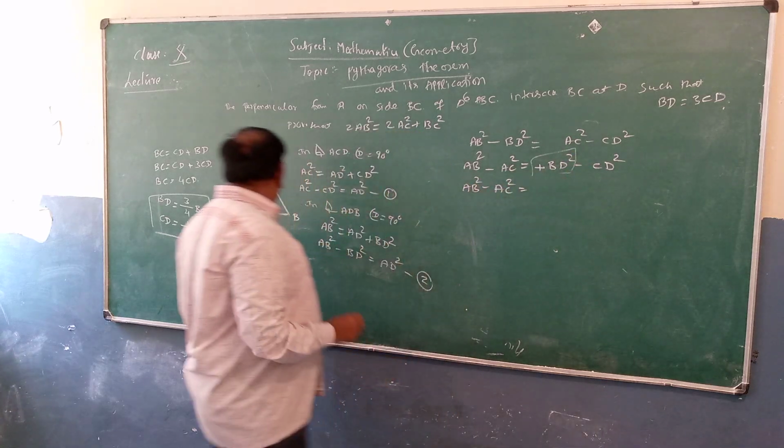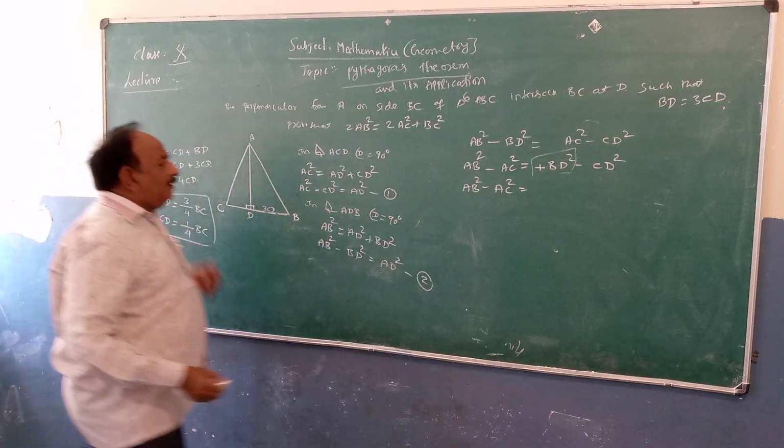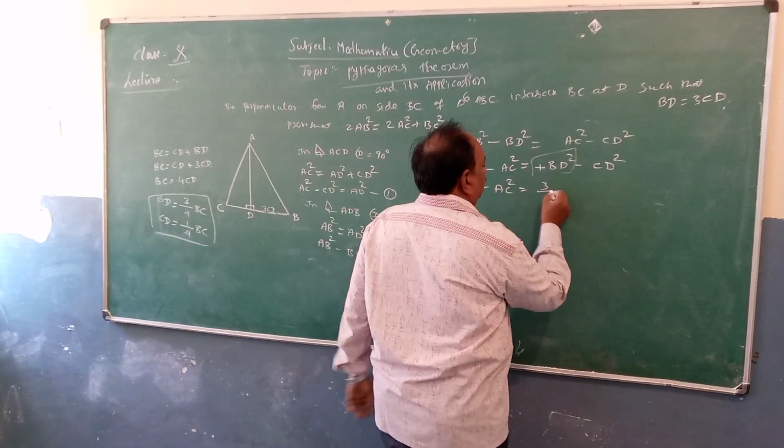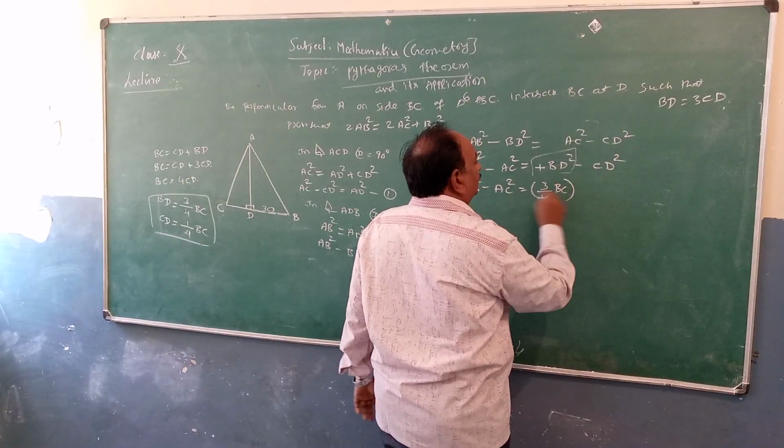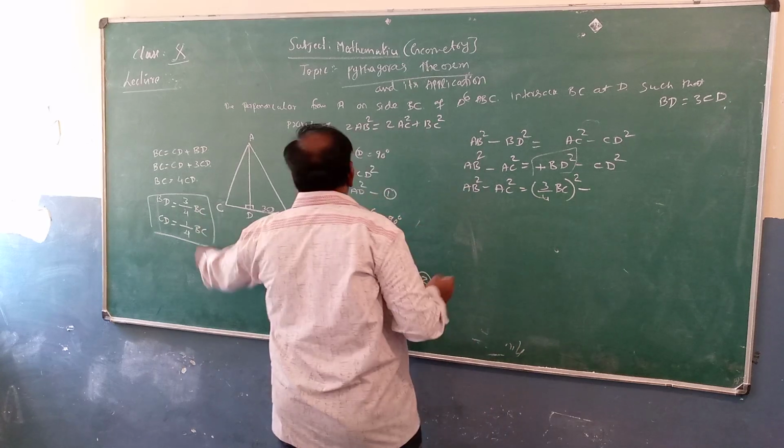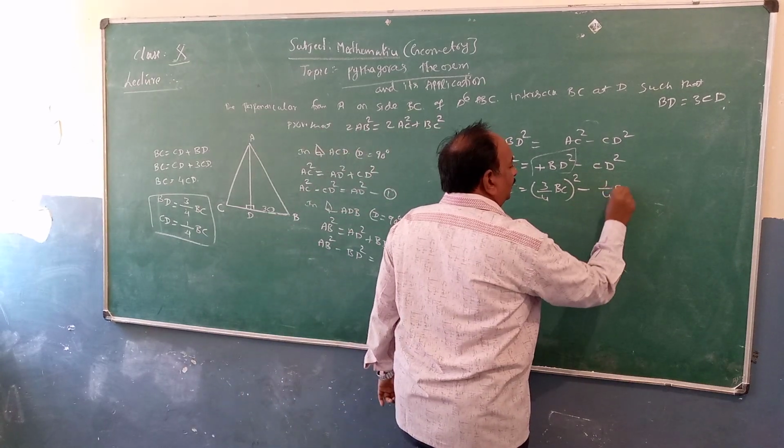What is BD? BD is 3 by 4 BC, whole square. What is CD? 1 by 4 BC, whole square.